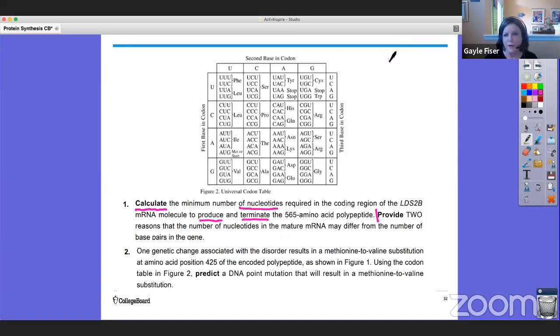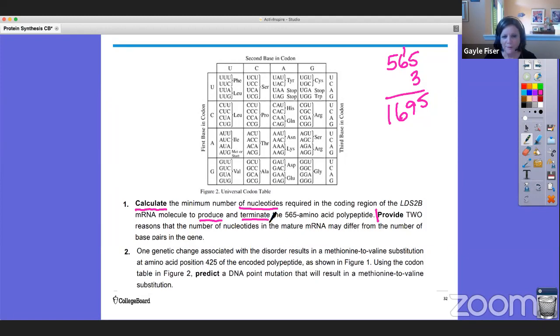So let me just think out loud. 565 is how many amino acids we have, right? So how many codons did it take to do that? It took 3 nucleotides each. 1695. Okay, now it set up a hint word here, and terminate.